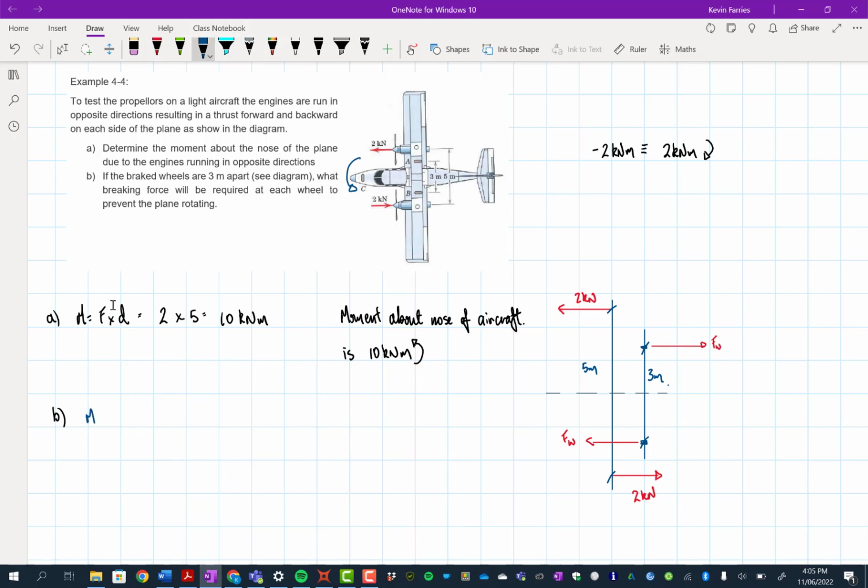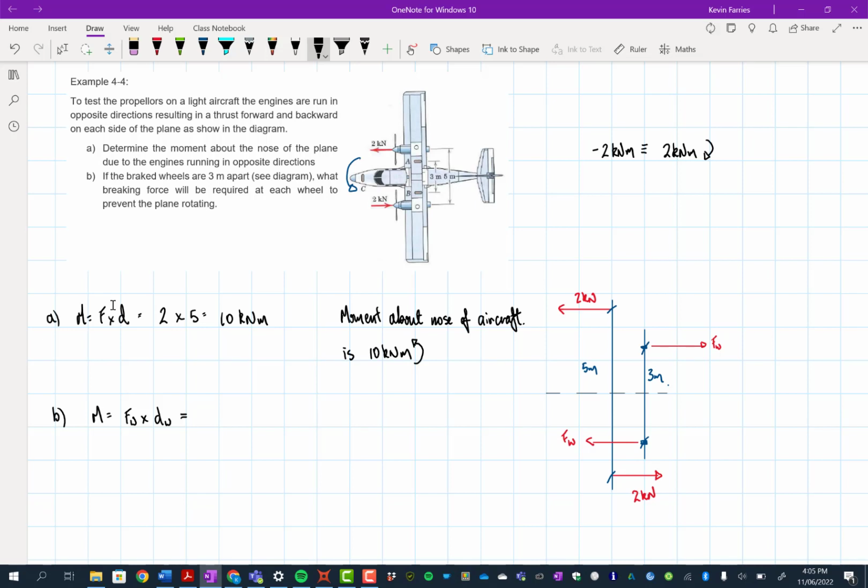So moment is equal to FW times the lever arm between the wheels. Not worrying too much about positive, negative, really it's negative 10 kilonewton meters. But they just asked us for the force on the wheel, so it's asking for a magnitude rather than a vector here.